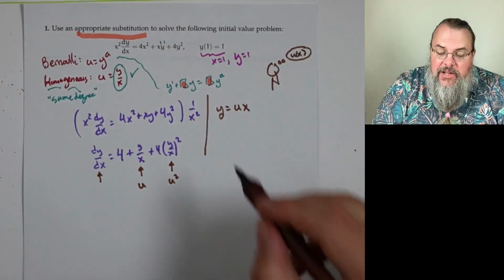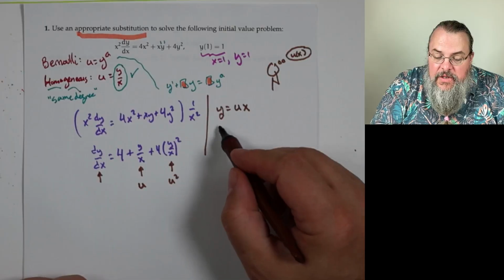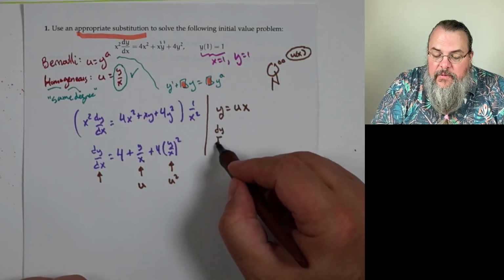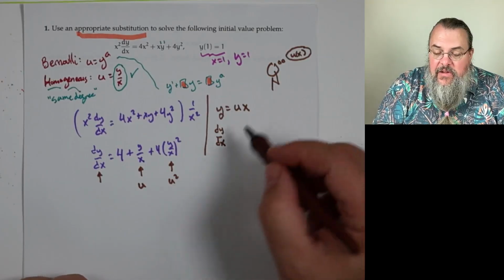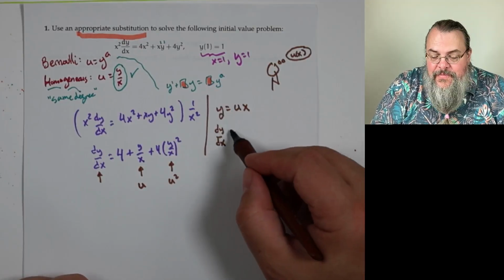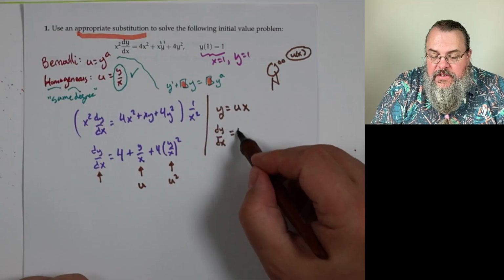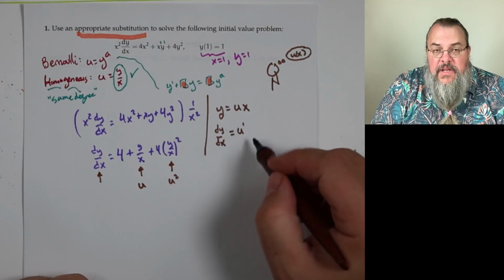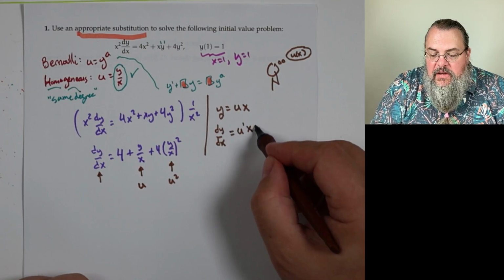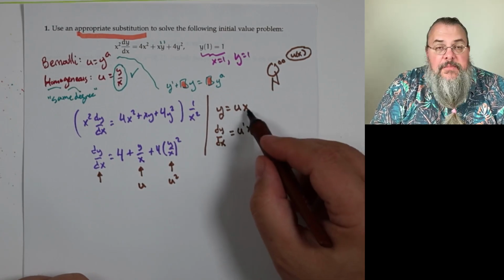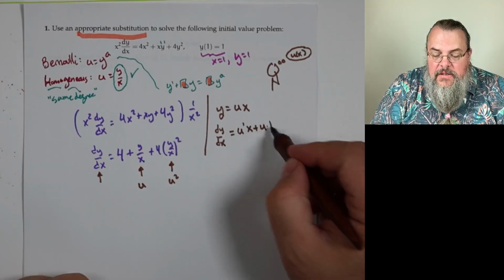So now we're going to take the derivative of everything. And when we do, well, what do we have? We have derivative of y with respect to x, product rule. So we'll take the derivative of the first, which was our u prime, times the second, x, plus the first times the derivative of the second, which is 1.